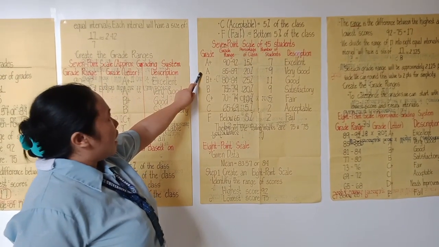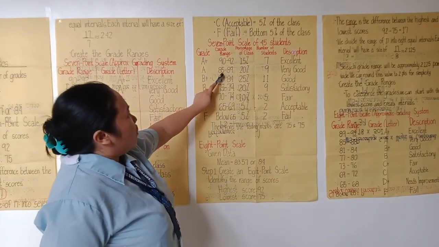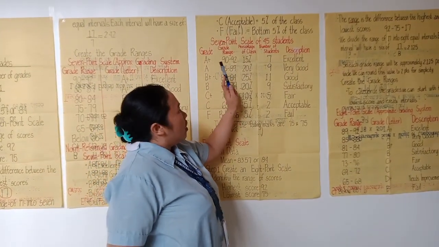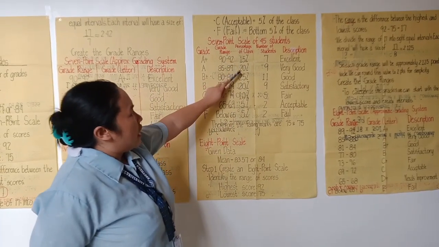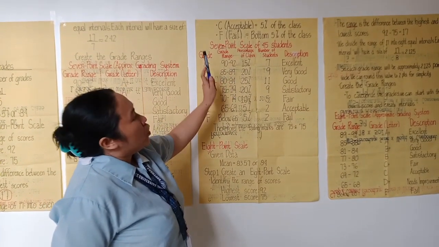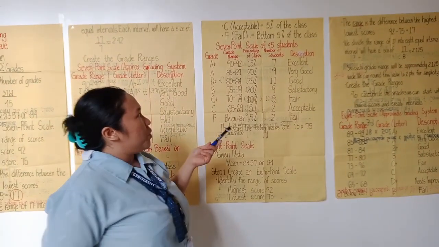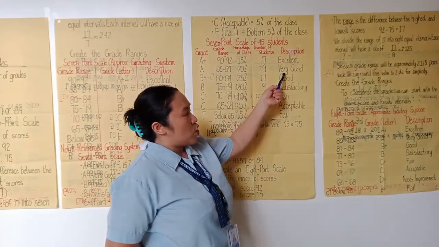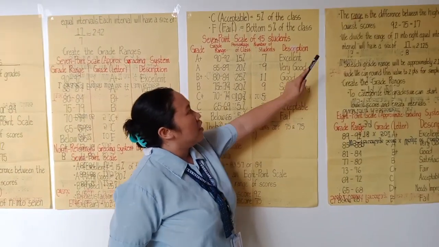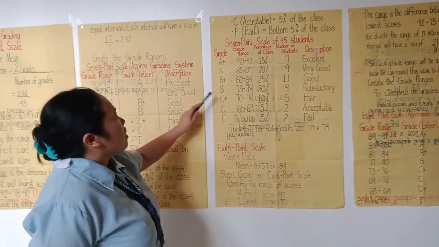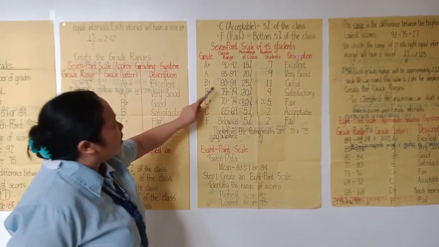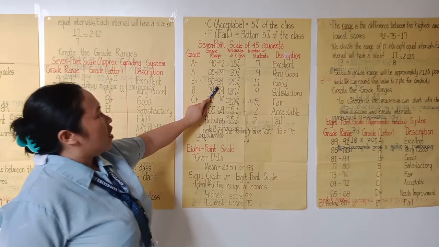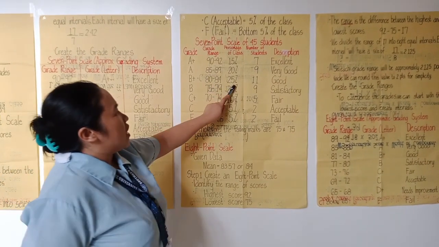Then in grade A, 85 to 89, we allocated 20% of the class. So 20% of 45 students is 9 students, which are the very good performers in the class. So in B plus, 80 to 84, 25%.